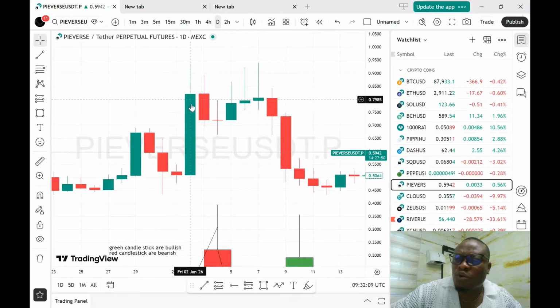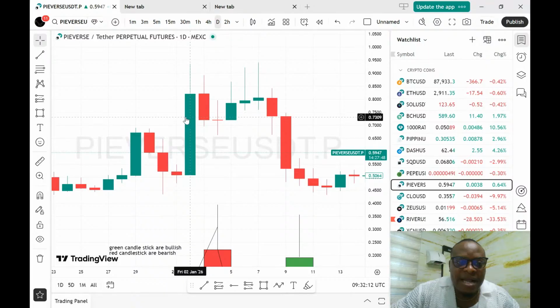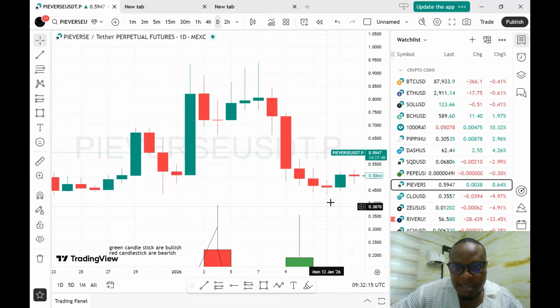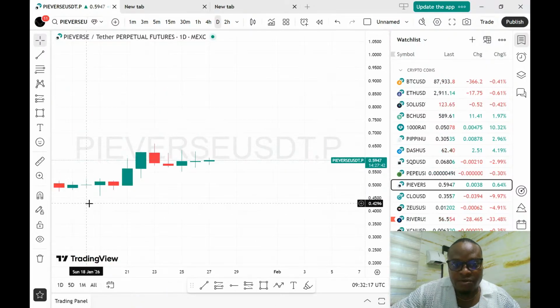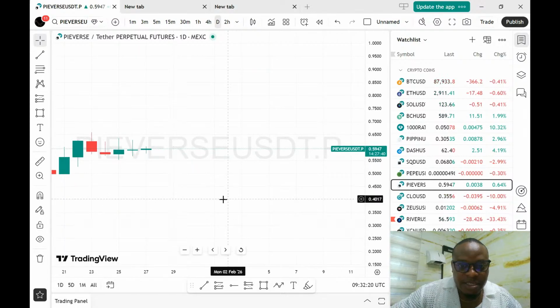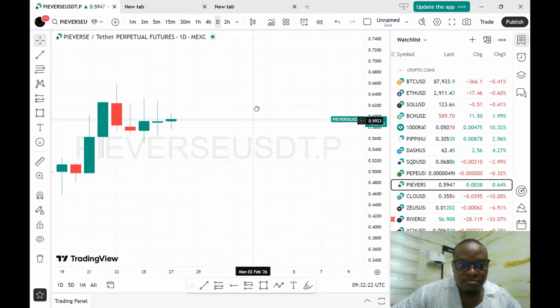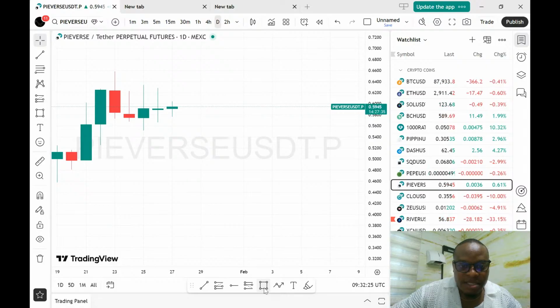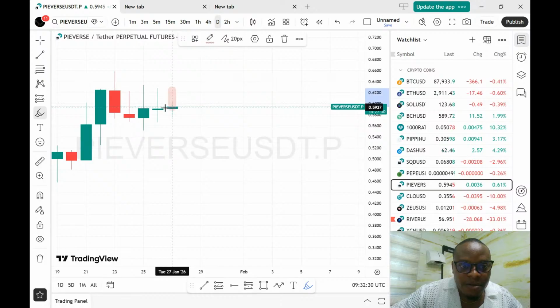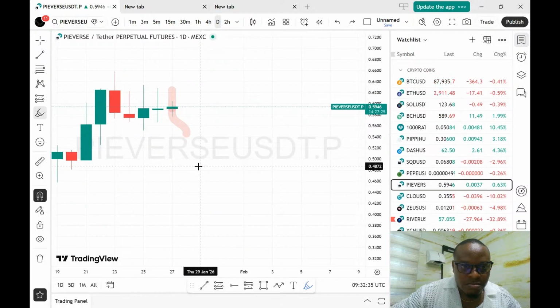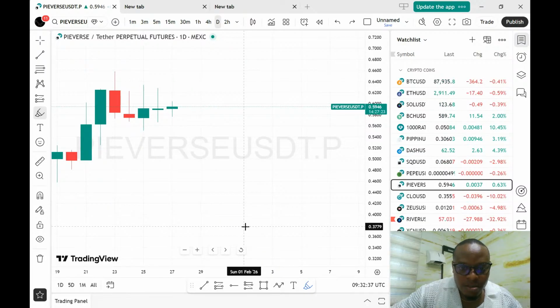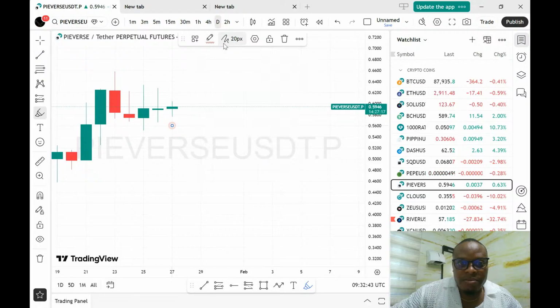Now you can see this particular candlestick. This candlestick is a 1 day time frame. Now on this same candlestick, let me mark it out. Let me use the recent current candlestick. This is the current candlestick. You can see from this zone now. Okay, let me make it smaller.